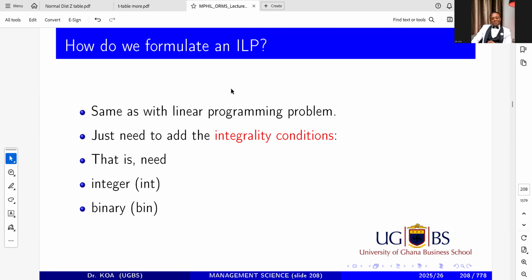Now, what is the difference between binary constraint and integer constraint in the context of where we are today? Mayor. Sir, binary takes the form of 0 and 1, whilst integers take any whole number, including 0 and 1.